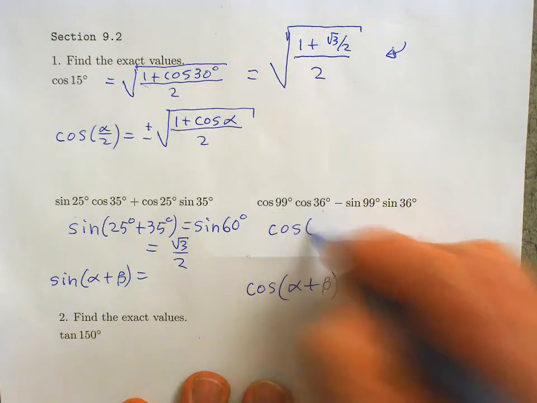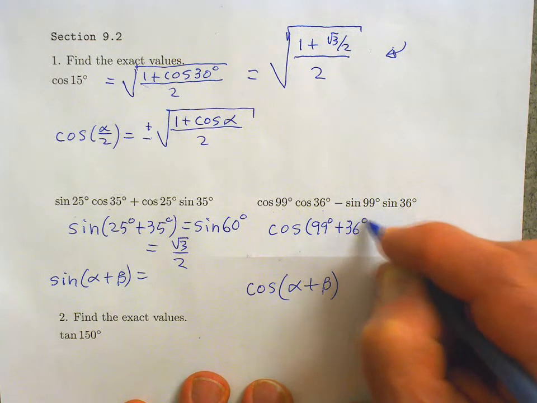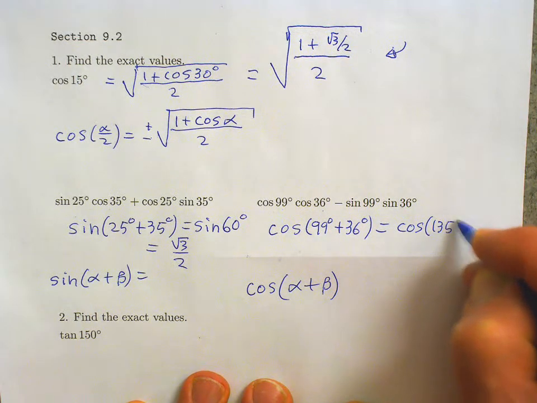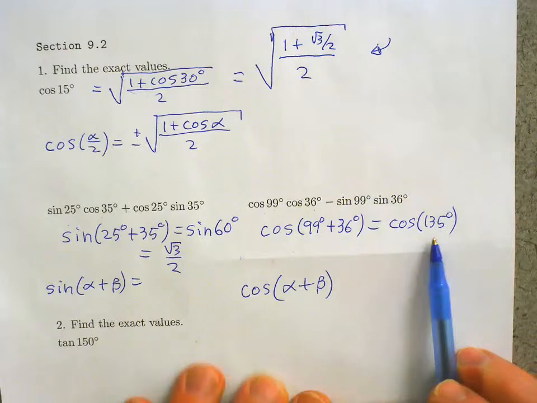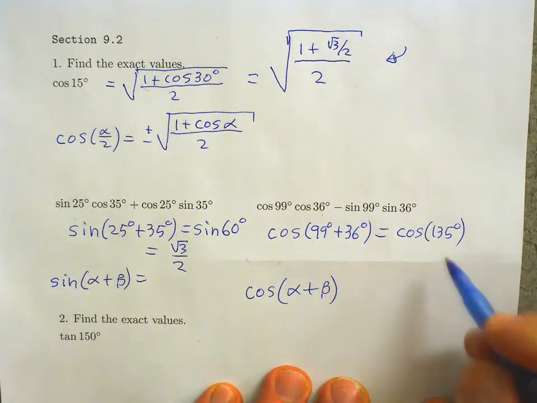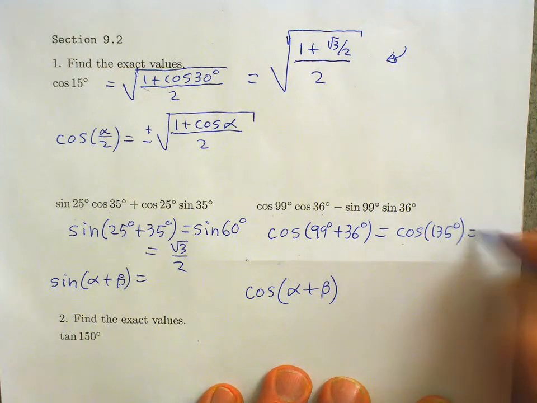So this is the cosine of 99 degrees plus 36 degrees, which is the cosine of 135 degrees. So the reference angle is 45 degrees. It's in the second quadrant, so cosine is negative there, so it's negative square root of 2 over 2.